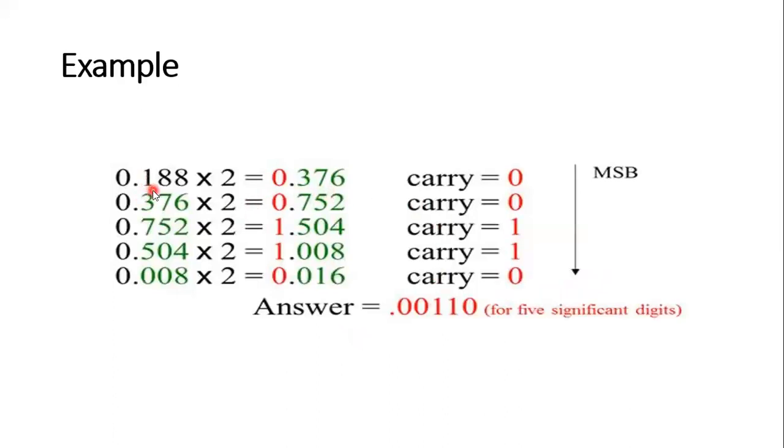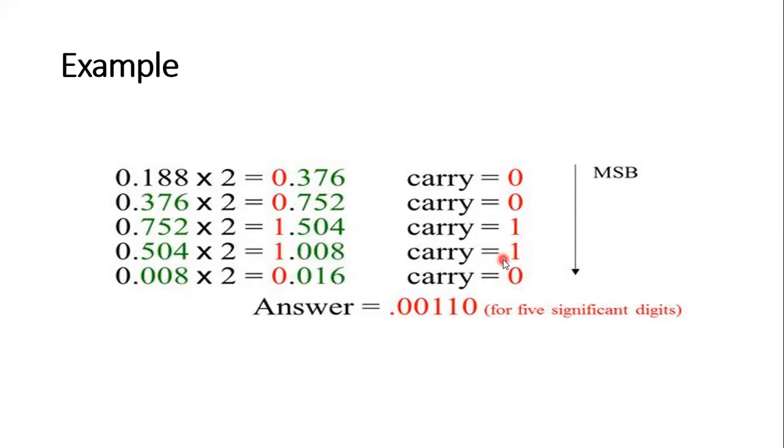Suppose 0.118 is given, so multiply with 2, so no carry. 0.236, again multiply with 2, 0.472, no carry, so 0. Then 0.752, you multiply with 2, 1.504. Therefore 1 is the carry, you put here. Then you take the 0.504, multiply with 2, 1.008.